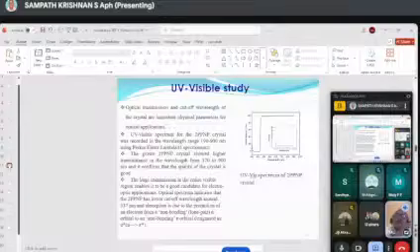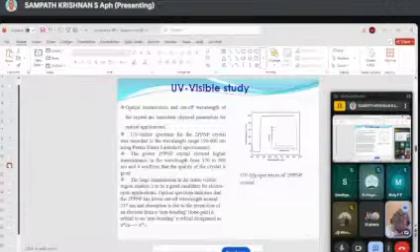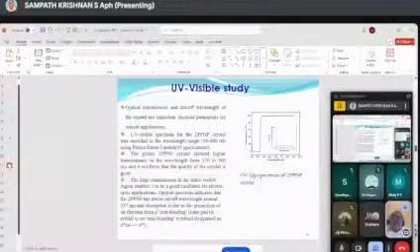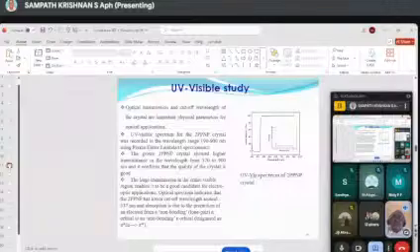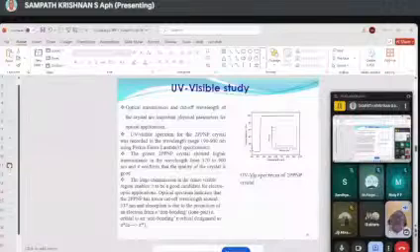Next, the UV-visible spectrum is studied. The optical transmission and cutoff wavelength of the crystal are important physical parameters for optical applications. The UV-visible spectrum of the 2ppNP crystal was recorded in the wavelength range from 190 to 900 nanometers using a Perkin-Elmer spectrometer. The grown 2ppNP crystal showed higher transmission in the wavelength range from 370 to 900 nanometers, confirming that the quality of the crystal is good.